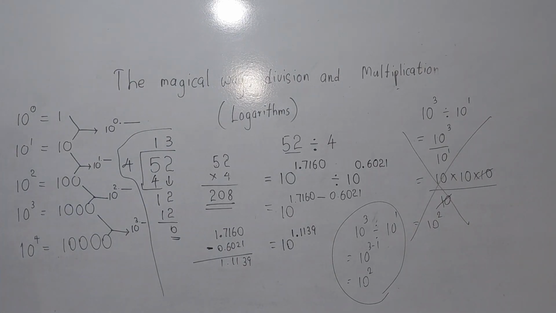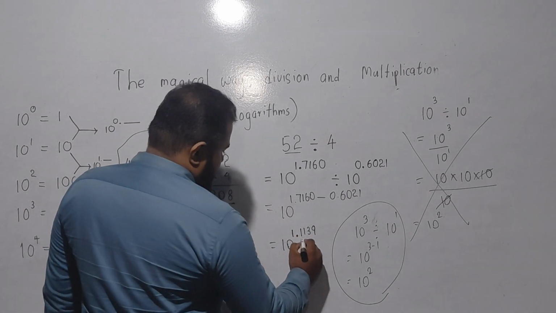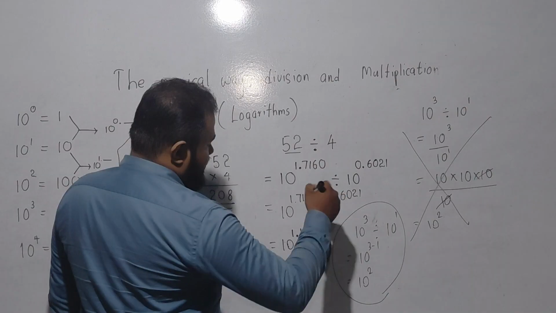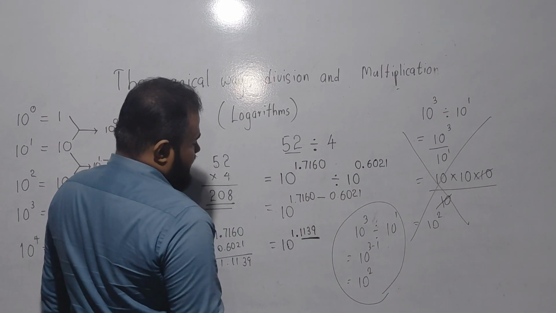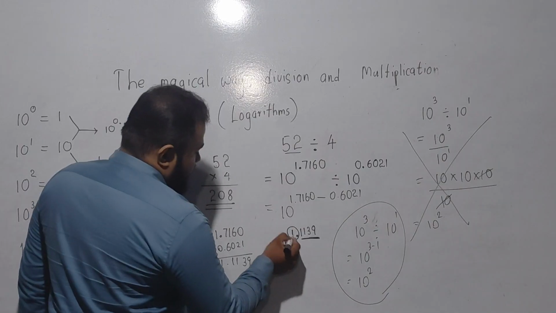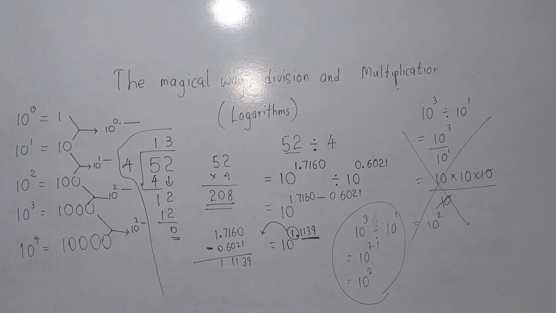Then what we have to do? Then we have to find where this 1139 is inside the log table, and this characteristic says that the value is greater than what?